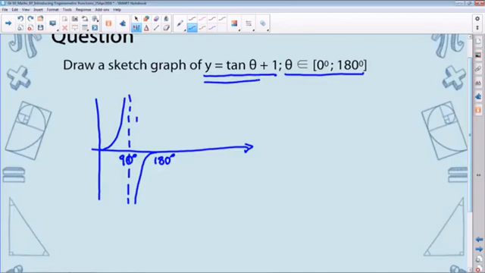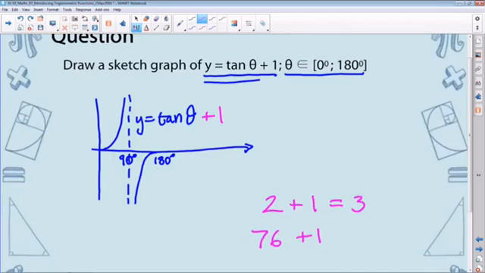But I don't need just that. I need to add 1 to it. So what happens when I add 1 to anything? Like 2 plus 1 equals 3, or 76 plus 1 equals 77. Now in this case, what is 0 plus 1? Well, it's going to be 1.